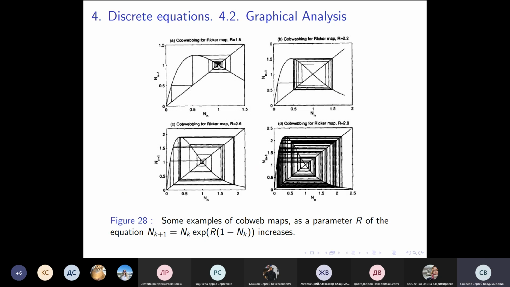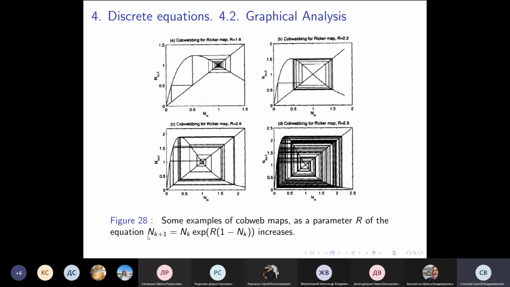n is 1. We can see that really if n is 0, we have 0 on the left-hand side and 0 on the right-hand side. It's okay. So we have a trivial solution. And another one, if n_{k+1} is 1, n_k is 1, here we have exponent of 0, and finally, the exponent of 0 is 1.